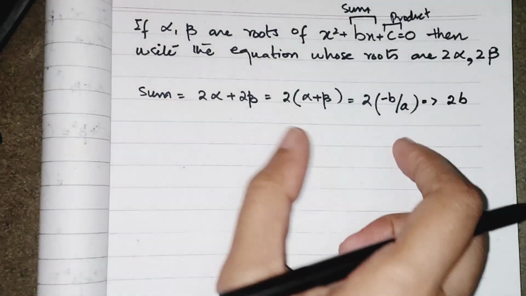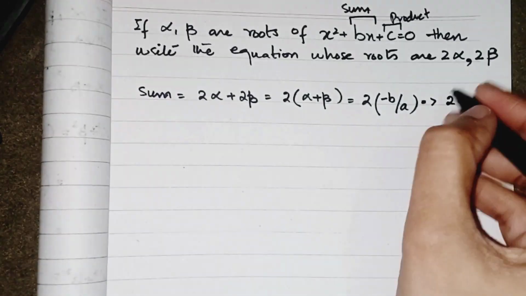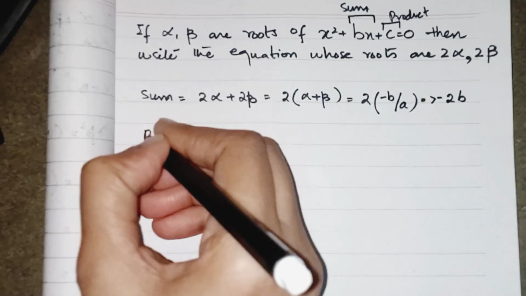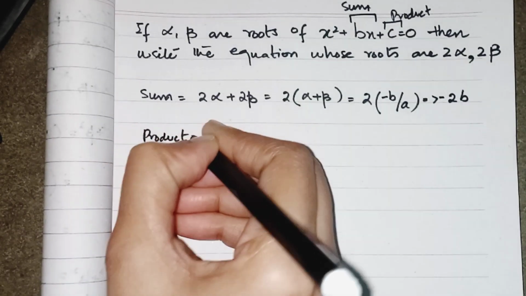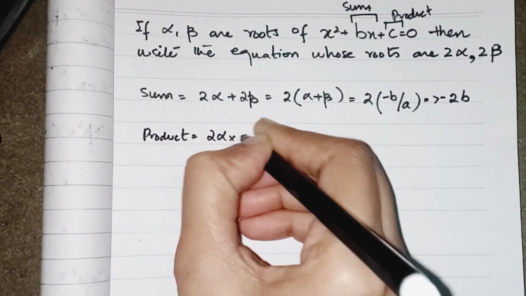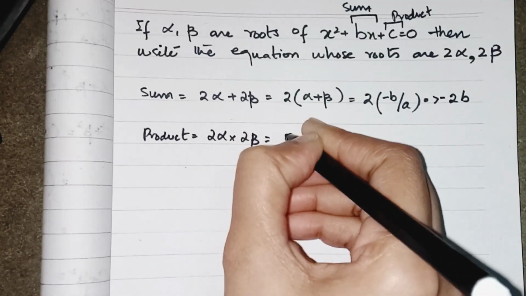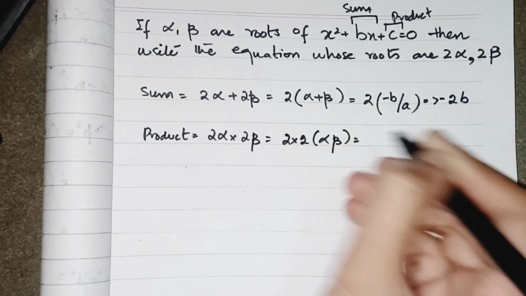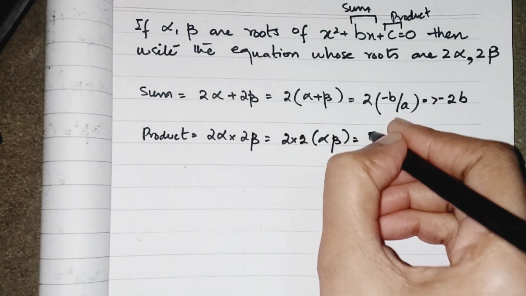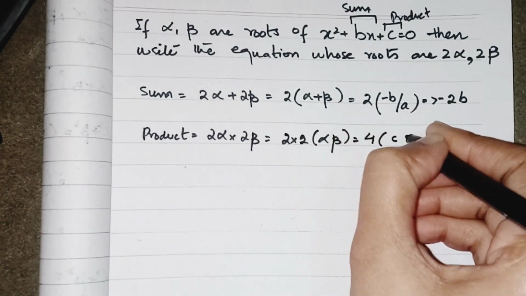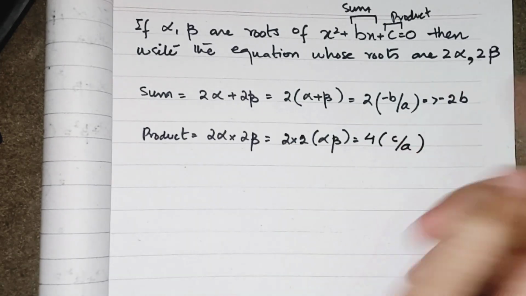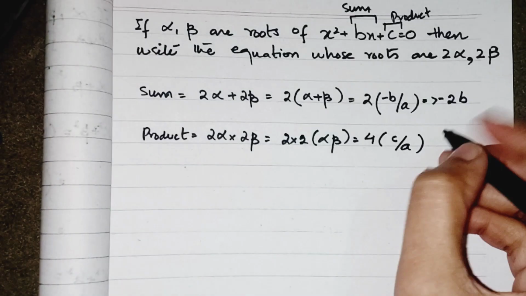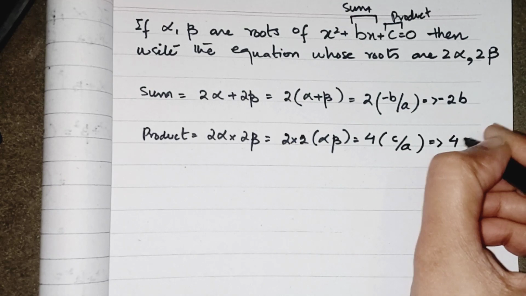Okay, and for the product, 2 alpha into 2 beta, 2 into 2 and alpha into beta. 2 into 2 will result as 4 alpha into beta, c upon a, where c is equal to c and a is equal to 1, so it will be 4c.